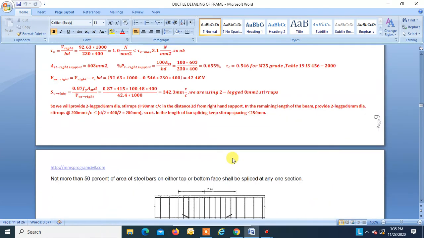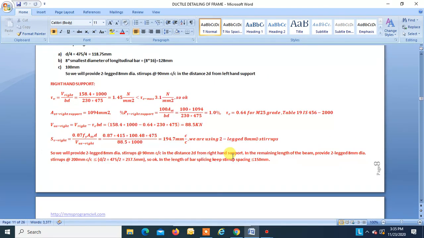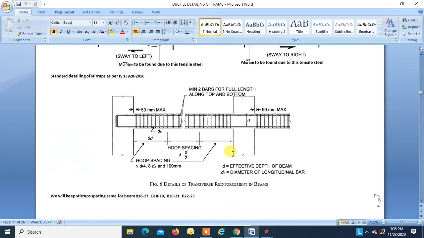One more important point is that the first stirrup which you start, the distance from the support should not be greater than 50 mm. Plus the hooks of the stirrup should be at 135-degree inclination, which is very well explained in IS 13920.